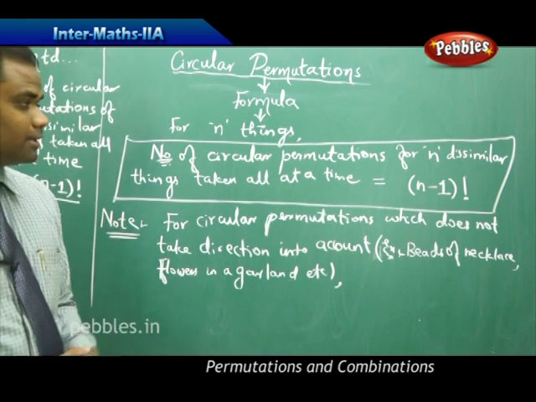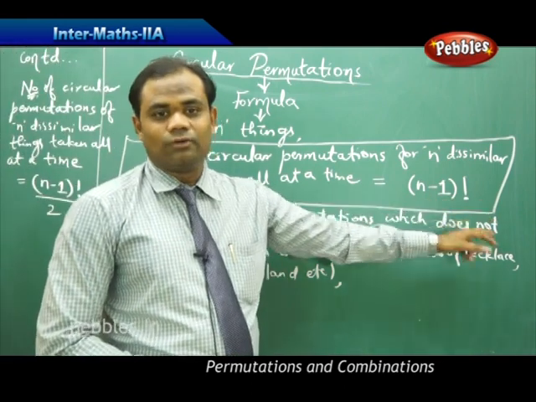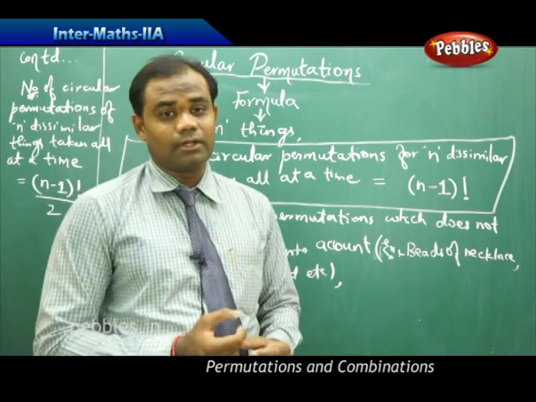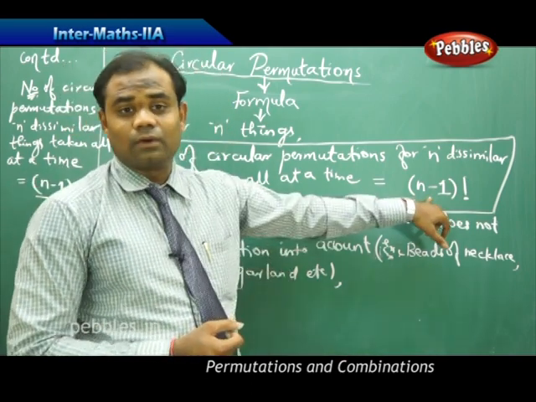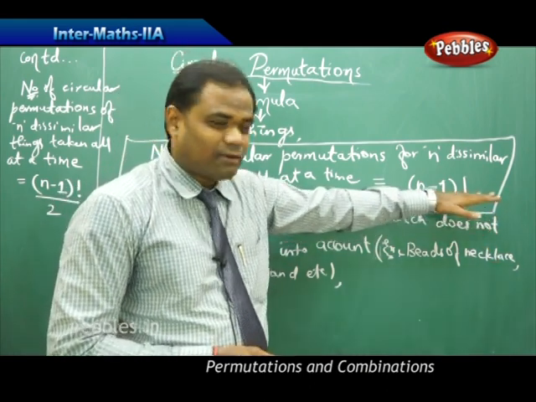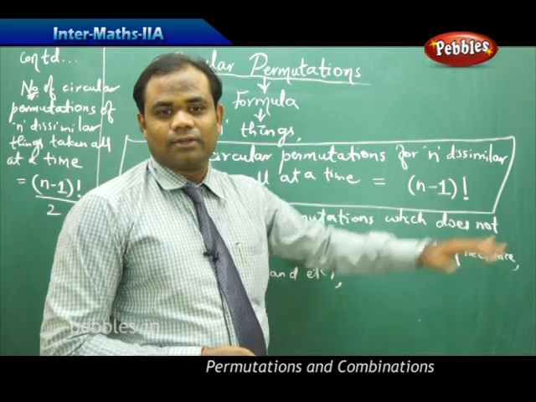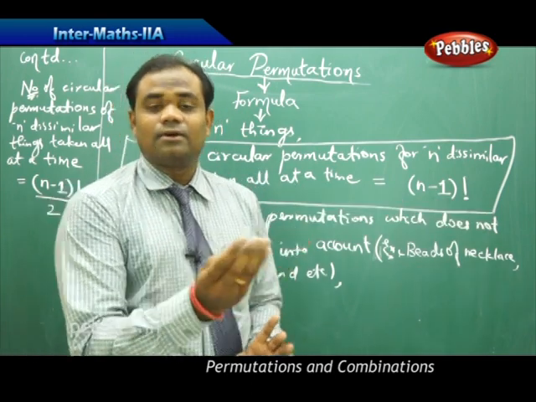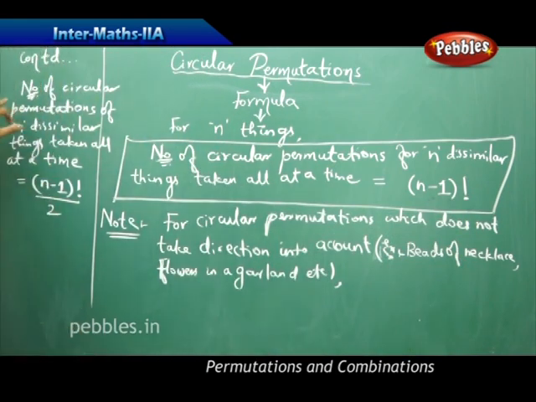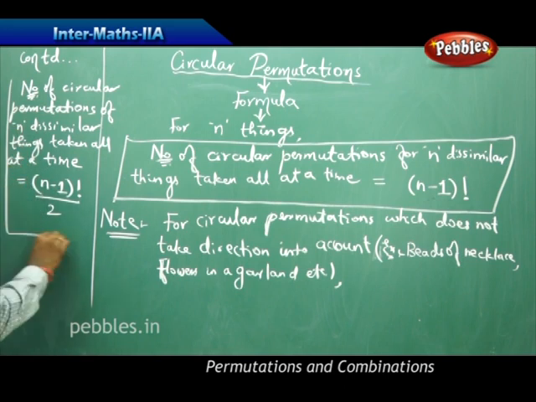Where direction is taken into account, that is both clockwise and anti-clockwise are taken into account, exactly half of this cuts short on the direction of either clockwise or anti-clockwise. So half of this would be the number of circular permutations of n dissimilar things taken r at a time.